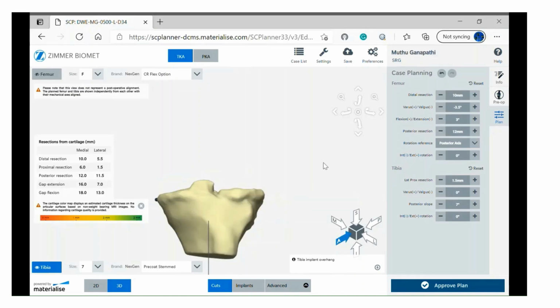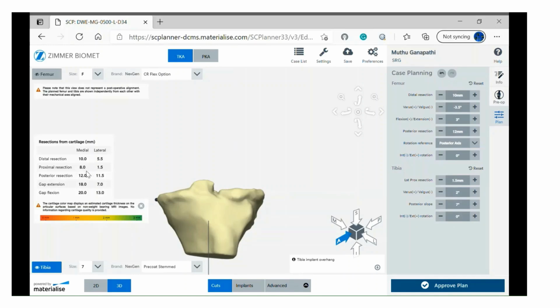With regards to the HKA angle, I didn't want to put him in 3.5 degrees combined valgus, so I want to put a little bit of varus in the tibia. I'm putting 2 degrees of varus. That will give 1.5 degrees of valgus HKA angle.